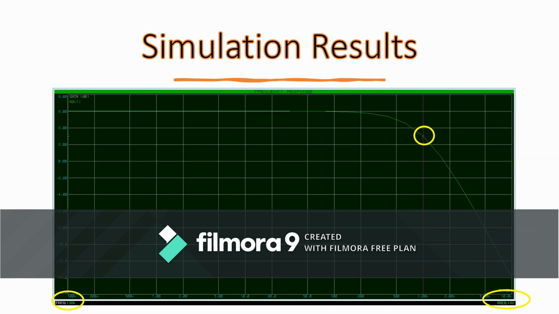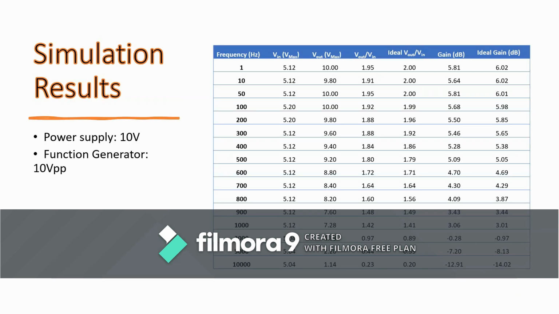So by subtracting the initial dB from the dB at 1 kilohertz, we get 3 minus 6 equals -3, which is the gain. We also know that during the cutoff frequency, the gain of the circuit will be approximately -3 dB. So the gain obtained is correct.